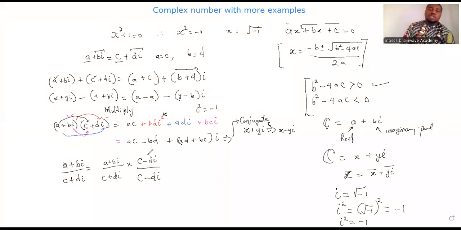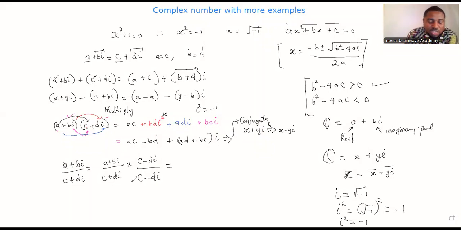Now, what have I done? You can see that C minus DI upon C minus DI is technically equal to 1. If I cancel out, it's going to be equal to 1. But now what I'm trying to do is to multiply it by everything over here, because I know that the denominator is going to be having only the real part at the end of the day, right? So let's multiply this together.